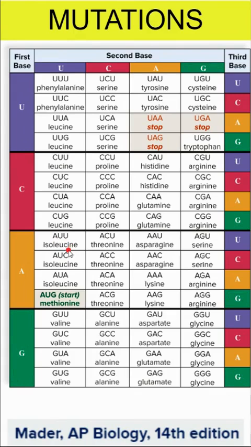So typically we think of point or substitution mutations as not so serious, but one serious example would create a stop codon. For example, if the DNA sequence was supposed to make tyrosine and it was supposed to be UAC, but instead of UAC we got UAA, that could prematurely stop the creation of that protein.